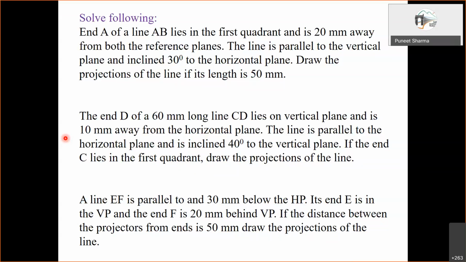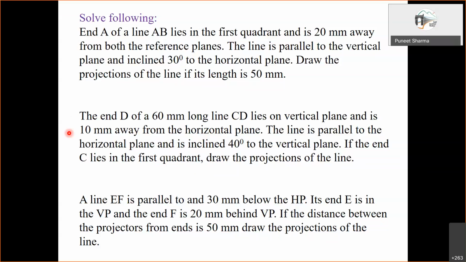So this D has to be above the horizontal plane. Got the point? D will have to be above the horizontal plane if C is in the first quadrant, right? So using this, then I'll draw this.